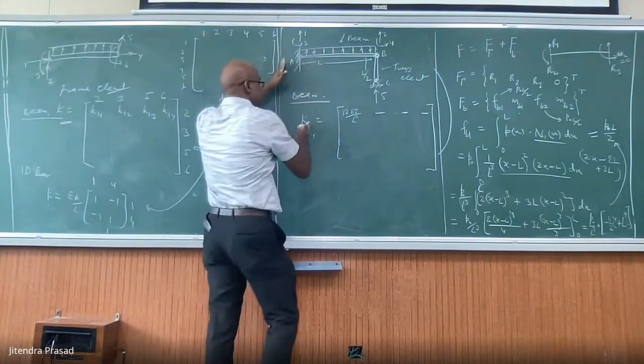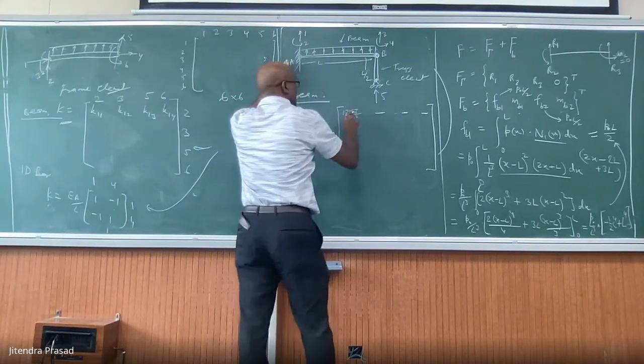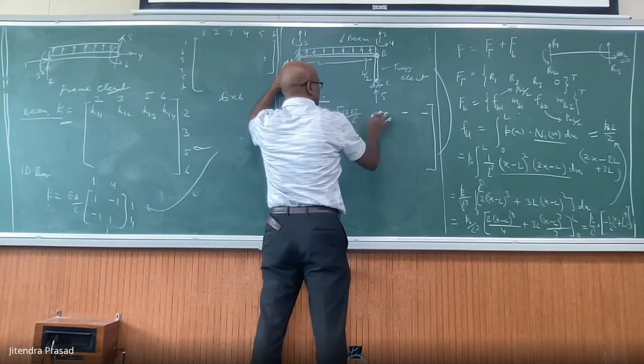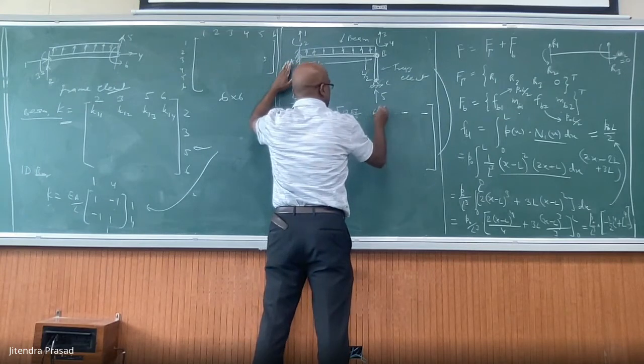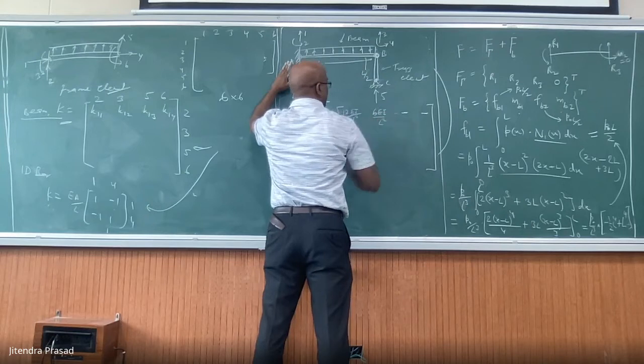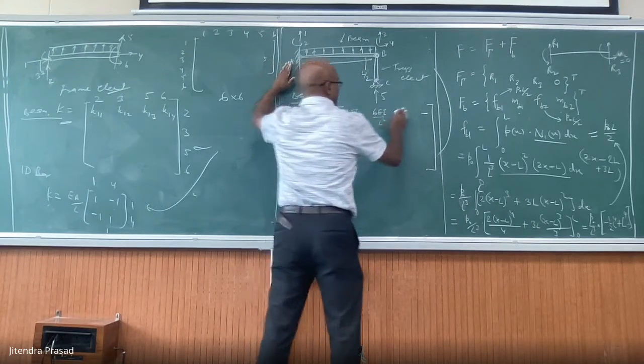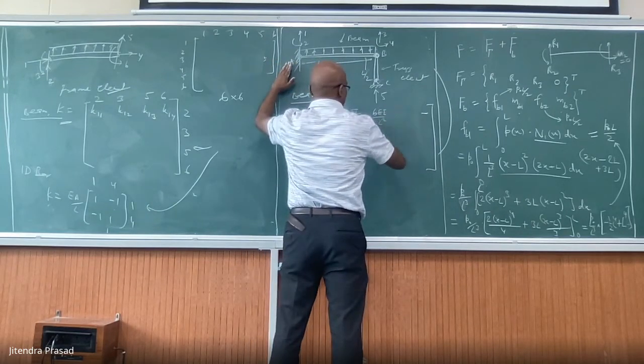Beam element, you have K, 12, then you have 6 EI, L square, and then you have minus 12, minus 12, right? Is it? Yes.